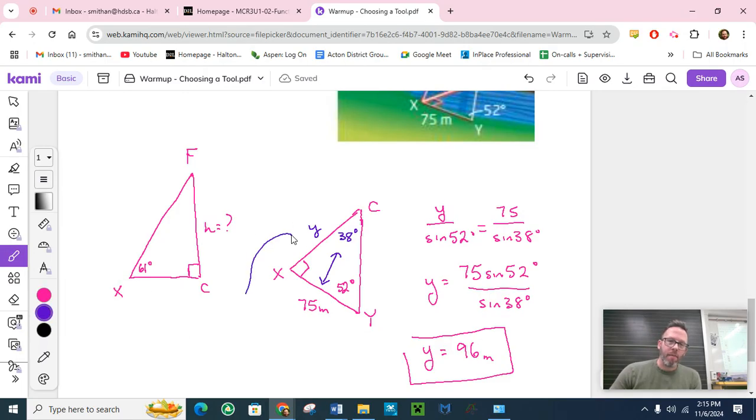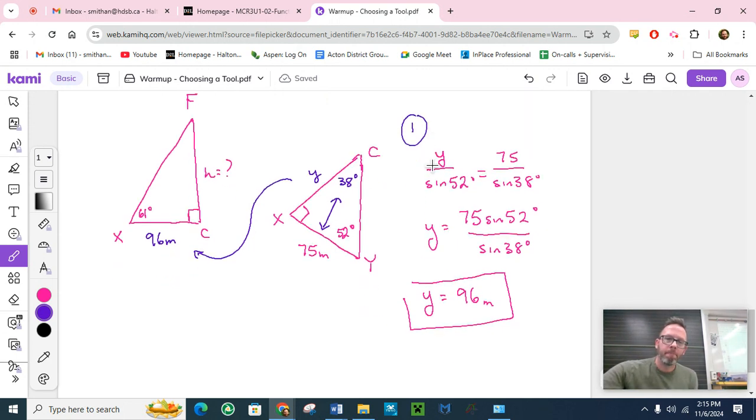And now that same side we just found, 96 meters. We can now, I'll use SOHCAHTOA for this one. It looks like we'll be using the tangent ratio. So we've got tan 61 is opposite. We've labeled that h over adjacent, which we found was 96.